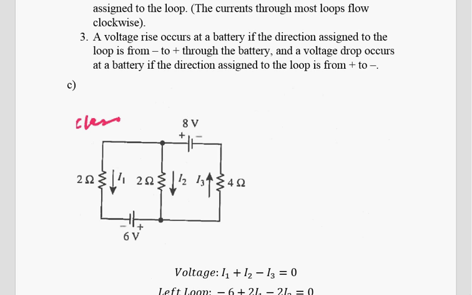Now look at the left loop. We're going to break this down into the left loop, the right loop, and then the whole outer loop to build the system. Let me scroll down so you can see that, but we'll talk about it and build it.